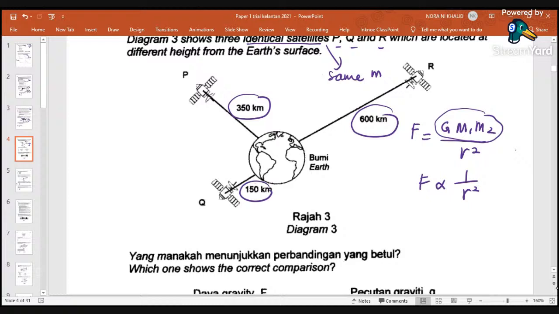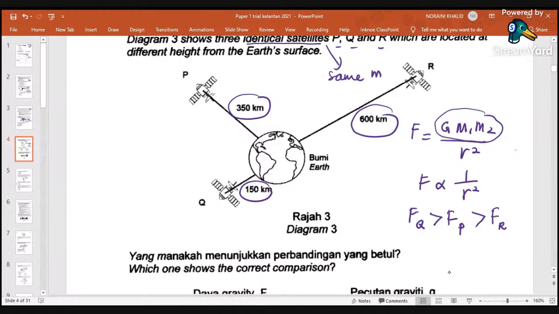For the case of P, Q and R, you can see the distance between Q and Earth is smaller. Thus, FQ is the largest one, followed by P, followed by R. So Q is larger than P, larger than R. Okay, we get the first one here.